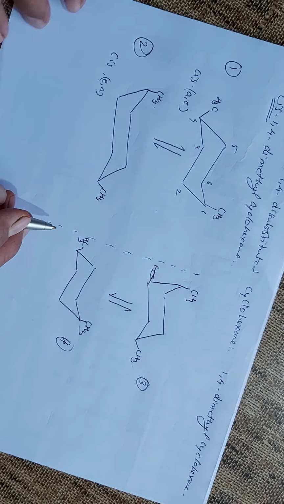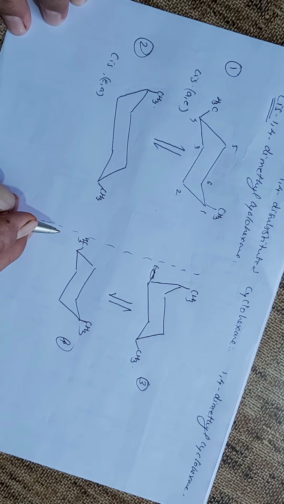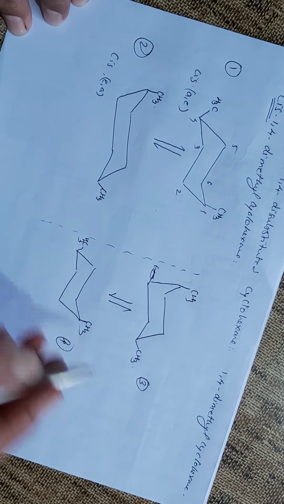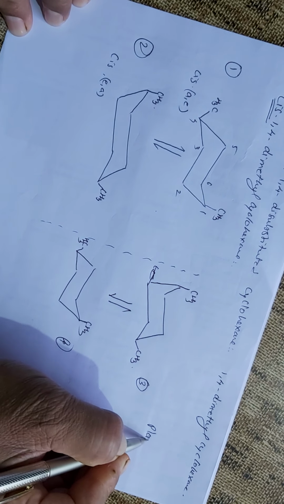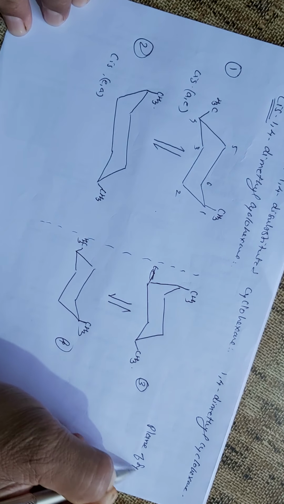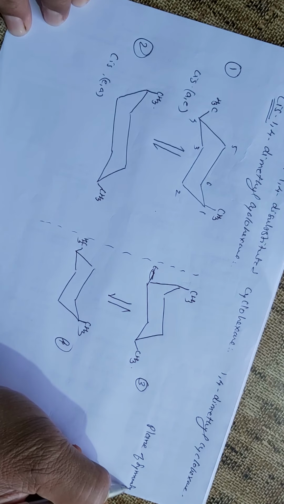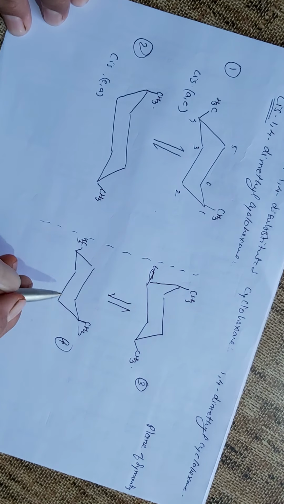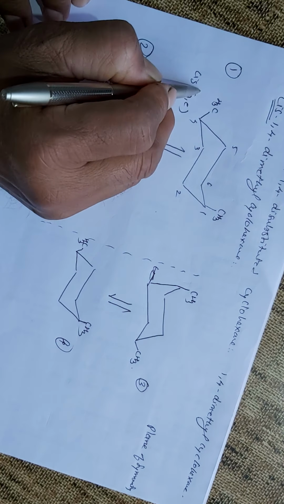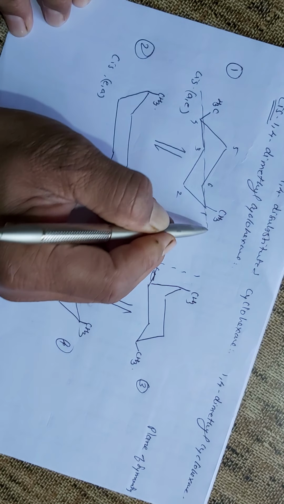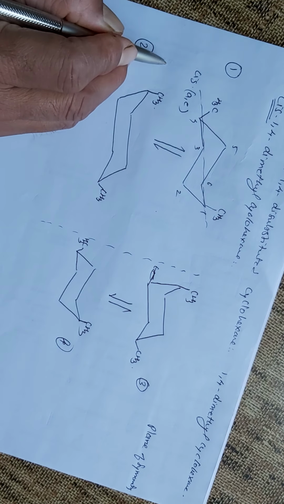So what is the optical activity? Here the molecule shows a plane of symmetry, and this plane of symmetry is passing through carbon atoms number 1 and 4.